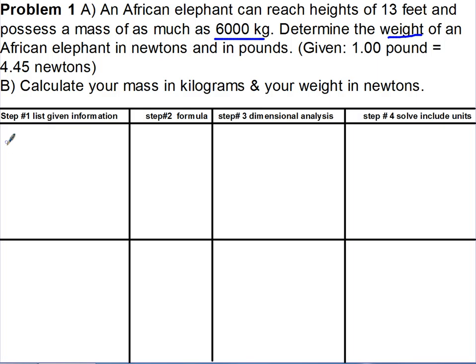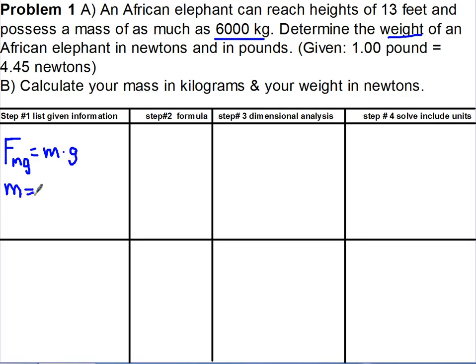Well, our formula for weight comes right from the symbol, really. So force mg is the way we represent weight, because it is the mass times gravity. So it is very simple. Mass times gravity.